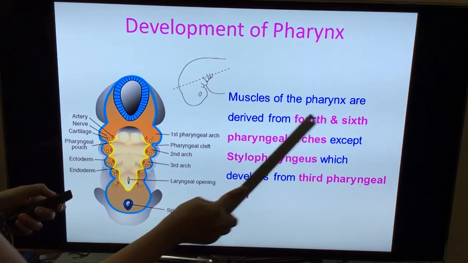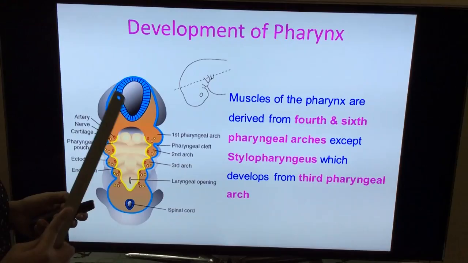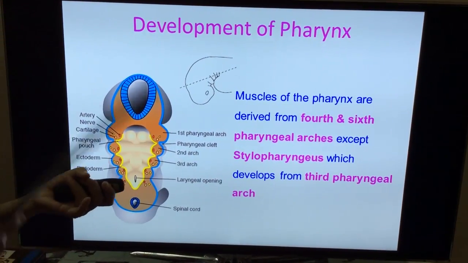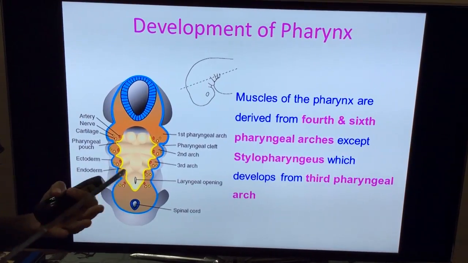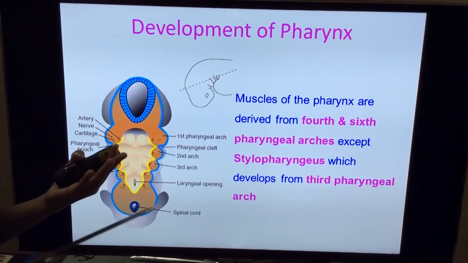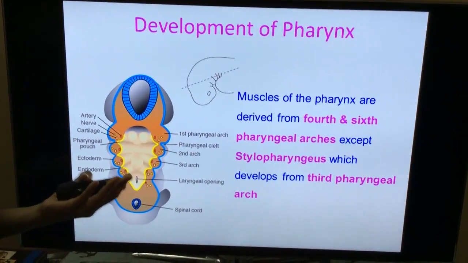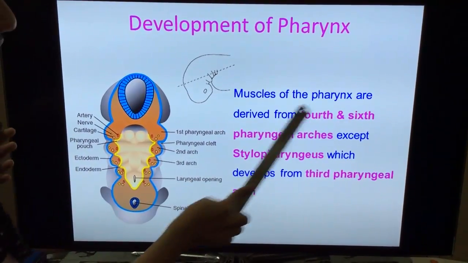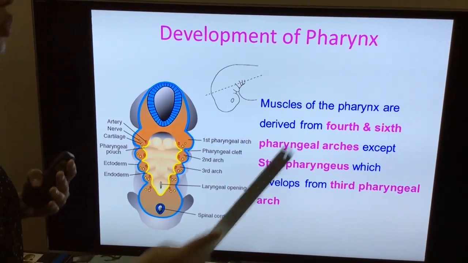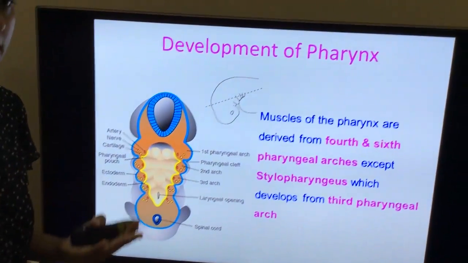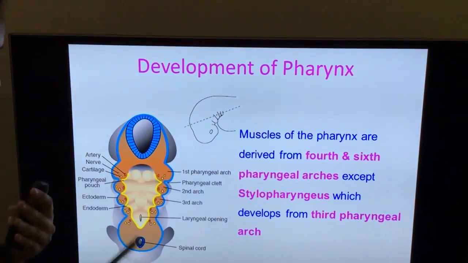They also contribute to the development of the pharynx, that is all the muscles of the pharynx, which include the inferior, middle and superior constrictor muscles, then the salpingopharyngeus and palatopharyngeus. All those muscles of the pharynx are derived from the 4th and 6th pharyngeal arches, which are supplied by the vagus nerve, the 10th cranial nerve, because that is the nerve of the 4th and 6th arch.